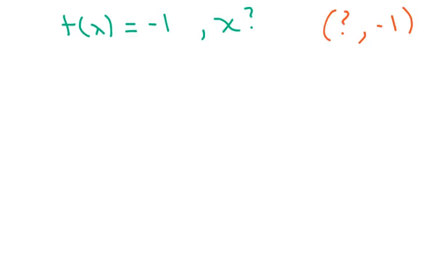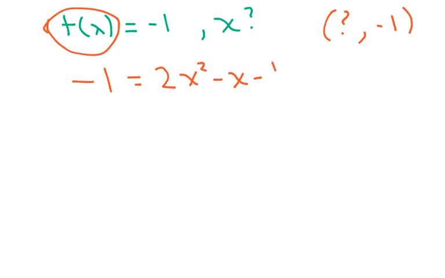You can look on the other slide, but if y is -1, then what is x? So this is 2x squared minus x minus 1. And in this case, since it's a quadratic, we're going to set this to 0. So I'm going to add 1 to both sides, and we get 0 equals 2x squared minus x.